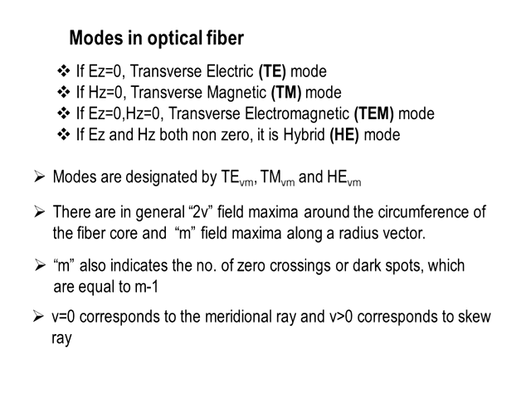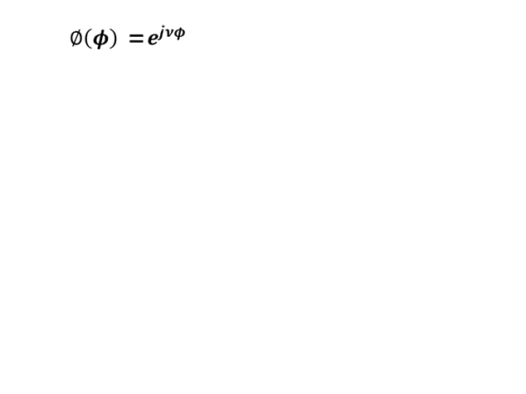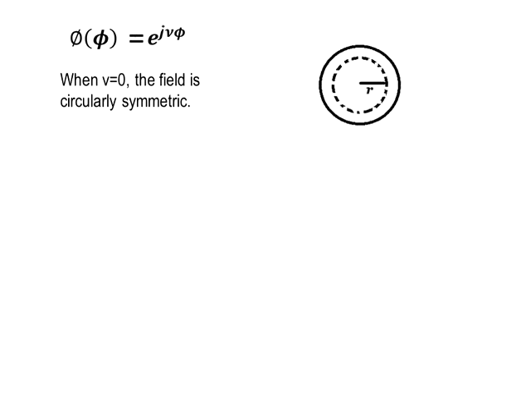Now the solution for the angular component phi is given by e raised to j v phi. So this V gives how the field will vary around the circumference of the fiber core. When V equal to 0, there is no maxima or minima around the circumference of the circle. So around the circle, everywhere the field will be the same.